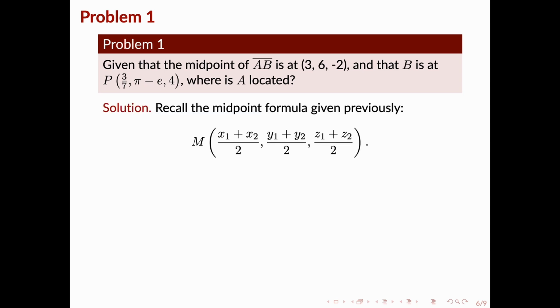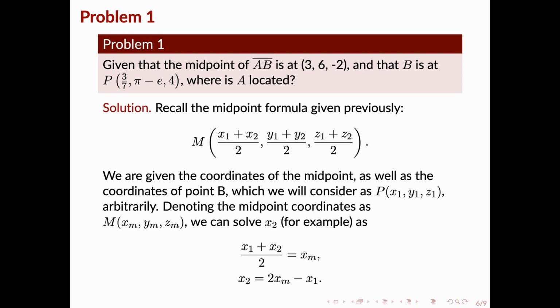As you can see, we can apply the midpoint formula here. We are given the coordinates of the midpoint as well as the coordinates of point B, which we will consider as P of x1, y1, z1 arbitrarily. Denoting the midpoint coordinates as M of xm, ym, zm, we can solve for x2. For example, we can take the x coordinate of the midpoint formula, (x1 plus x2) all over 2, and we equate it to xm.